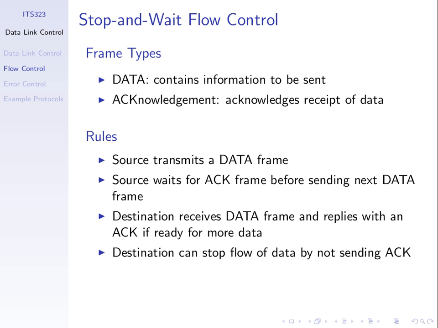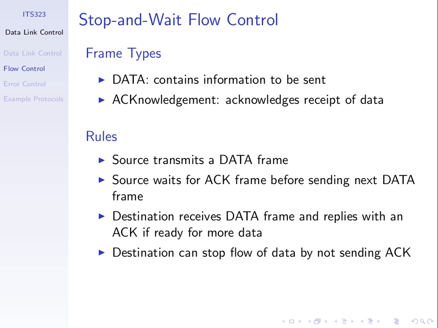It's quite simple in that the sender sends one data frame and then it stops and waits for the receiver to tell it that it can send the next data frame. The way that the receiver tells the sender that it can send the next data frame is to send a special frame called an acknowledgement or an ACK frame.